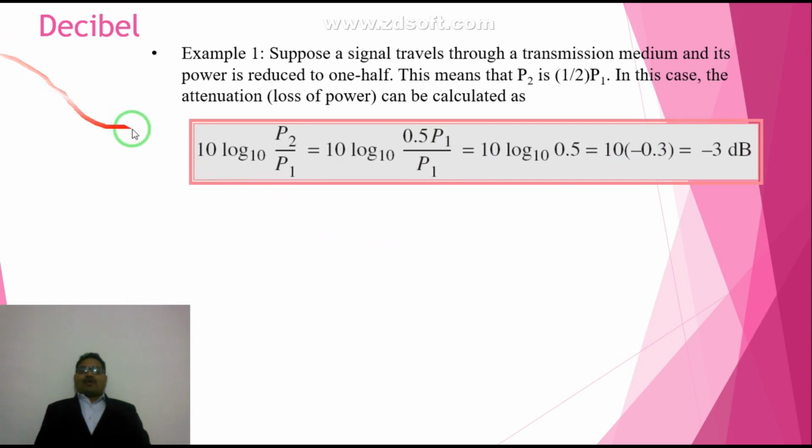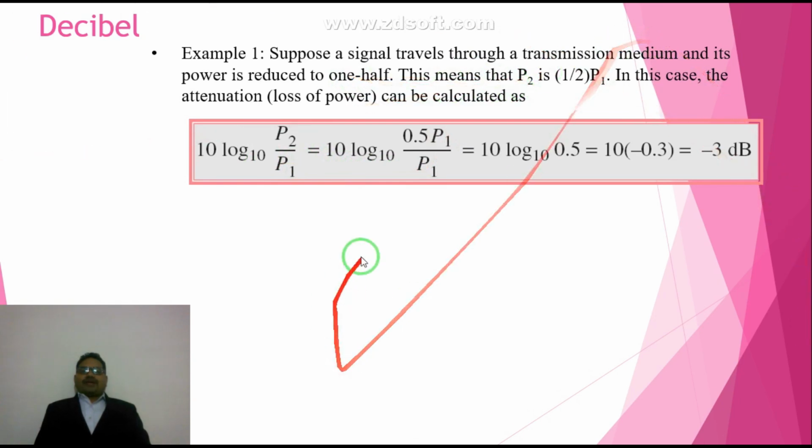As we know the formula, 10 log of P2 by P1 to the base 10. P1 is already given, and P2 is nothing but 1 by 2 P1, that is 0.5 P1. So P1 and P1 get cancelled. What remains is 10 log of 0.5. Log of 0.5 to the base 10 is minus 0.3, and 10 into minus 0.3 is minus 3 dB. The unit is dB.